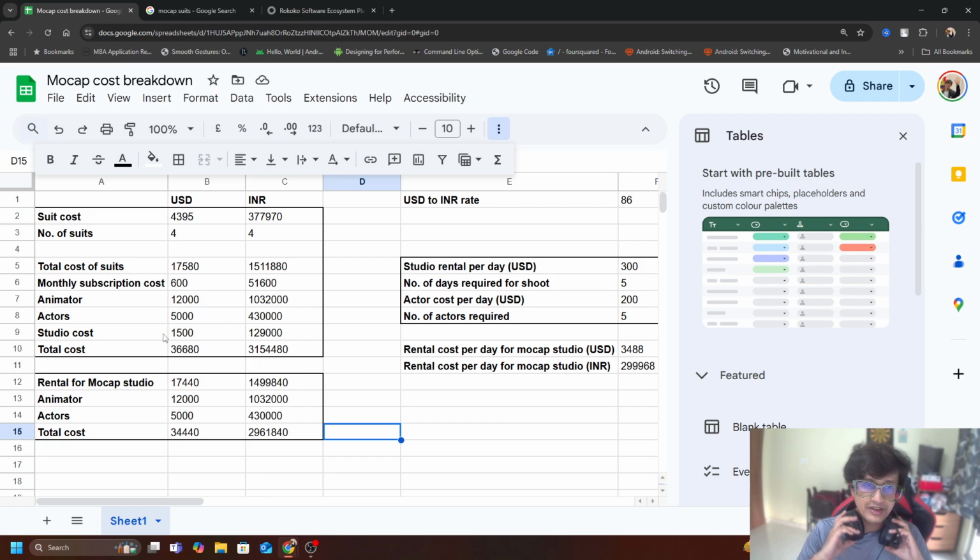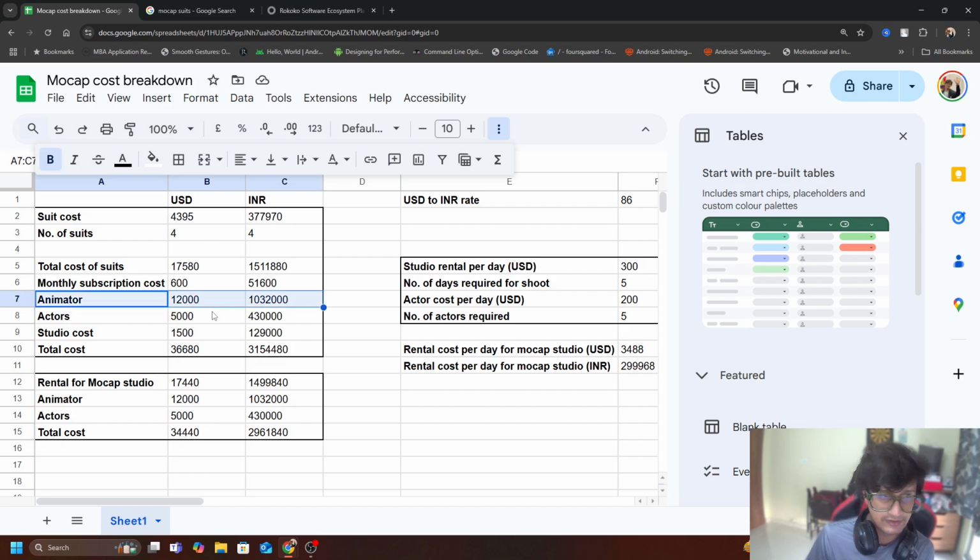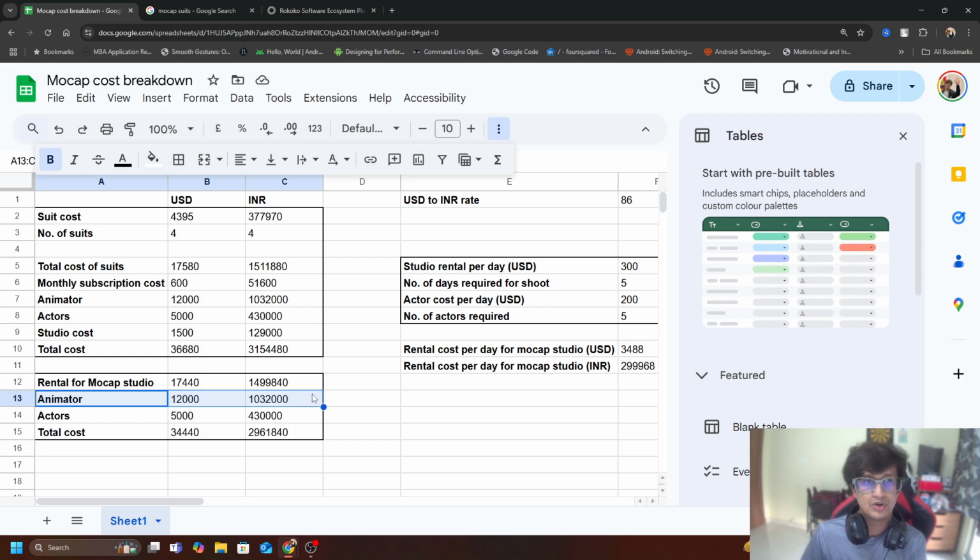If you end up doing this by yourself, you will actually be required to have that expertise in-house, which is what you will need with the animator. But you need that regardless. Even if you don't buy your own suit, you still need an animator, because the motion capture data that you get from these studios still requires you to clean it up a little more, right?